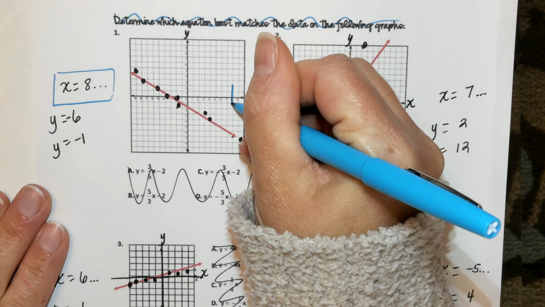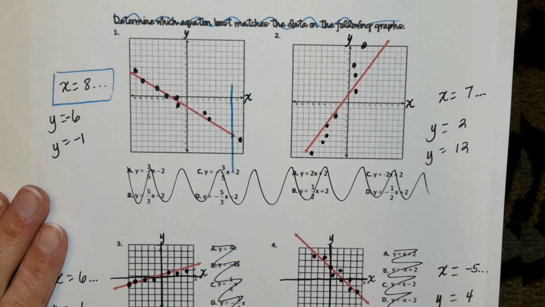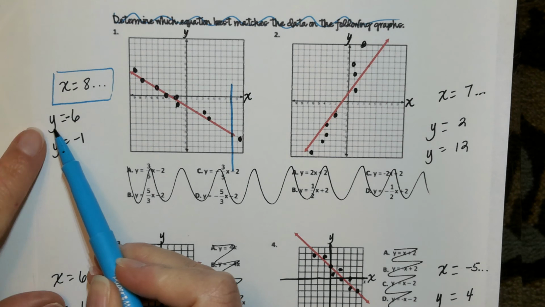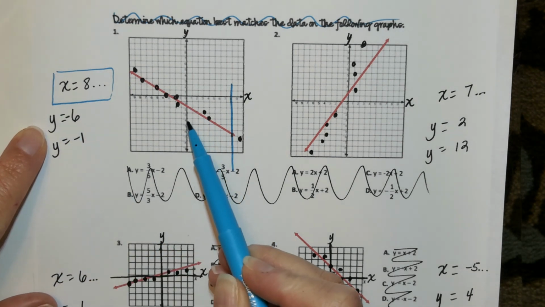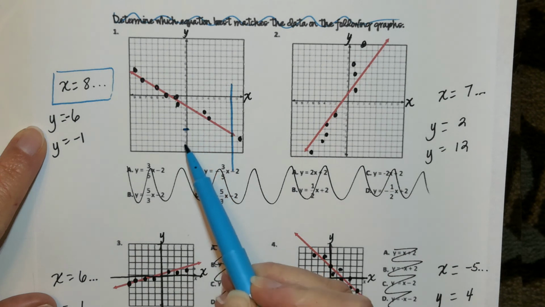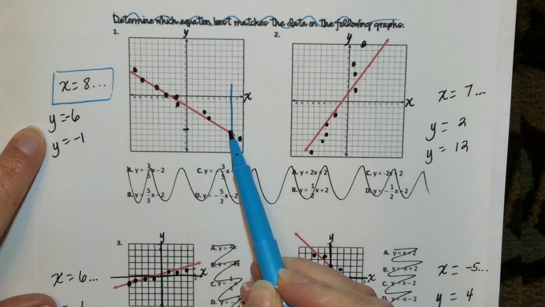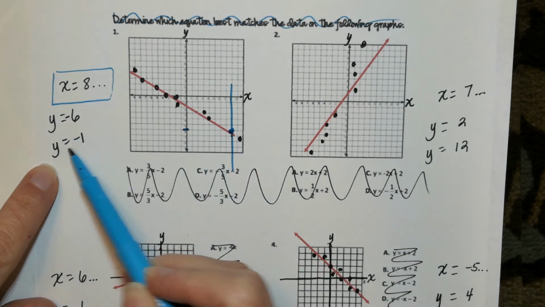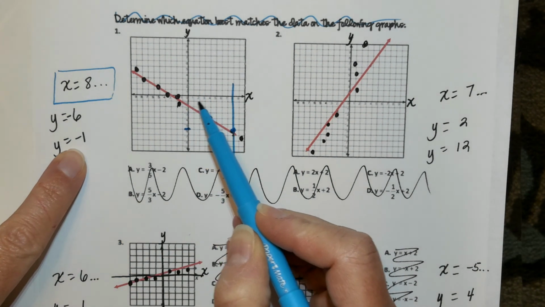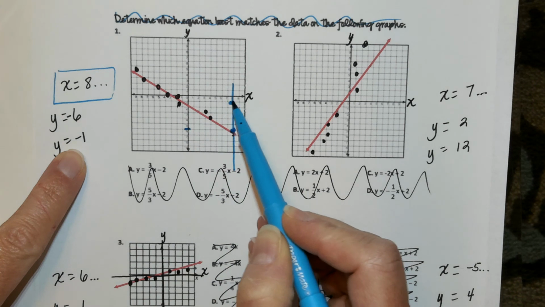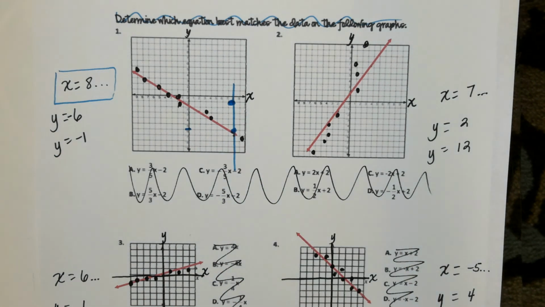Determine which equation best. No, we're not. These directions are terrible. We're not doing that. Here's my data. They've drawn a line of best fit or a trend line, and it's asking us when x is 8. Here's x. Here's 8. I know it's difficult for you to see, but I'll draw a line where x is 8. Would it make more sense for y to be -6, which is right here?